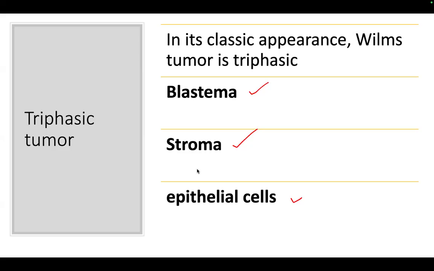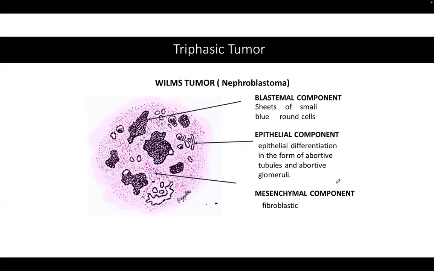So please remember this. This is the triphasic pattern or description. So here, the triphasic tumor, the Wilms tumor or the nephroblastoma, has a blastemal component. These are the small blue round cells. You have the epithelial component, and you have the mesenchymal component. Please memorize that.